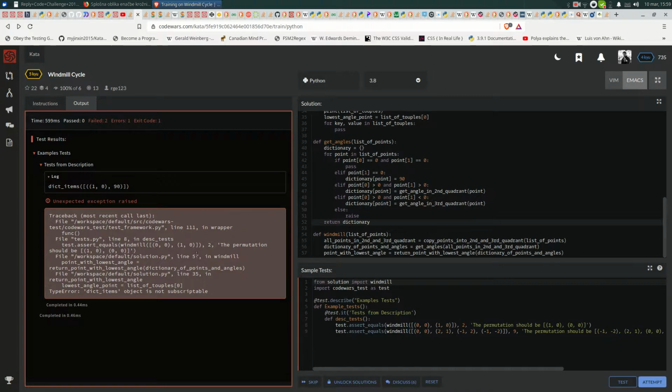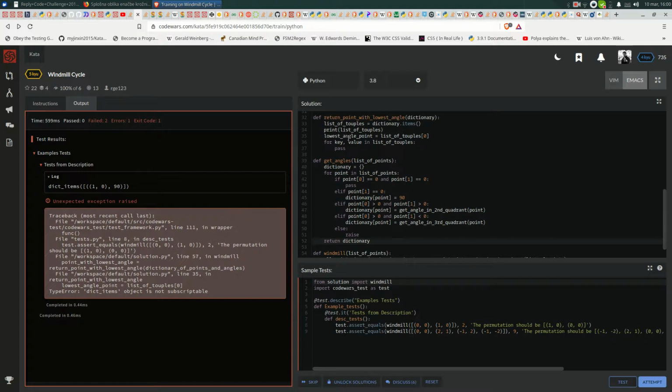So it says the permutation should be that. Here is return points and angles. And over here, dict items. And we just want to turn that into a list.